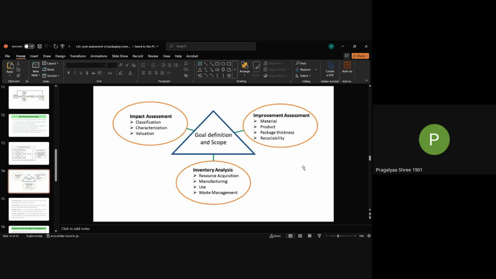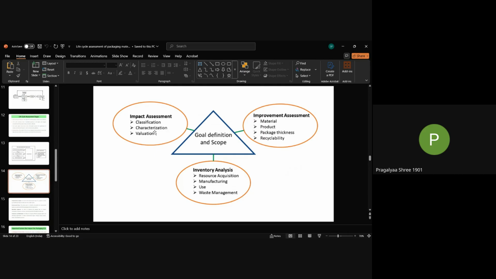So impact assessment, goal definition, and scope are given here in the form of a pictorial representation. How are we going to do inventory analysis? What is inventory? Resources: raw material acquisition, manufacturing, use, and waste management are taken in the inventory analysis. Then impact assessment: classification, characterization, valuation.